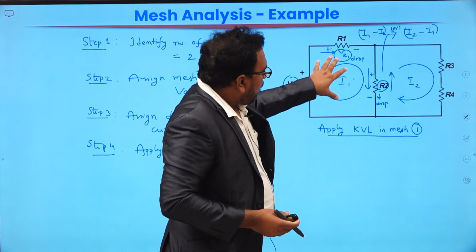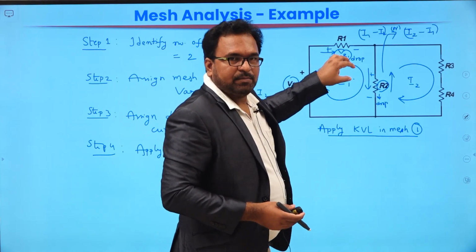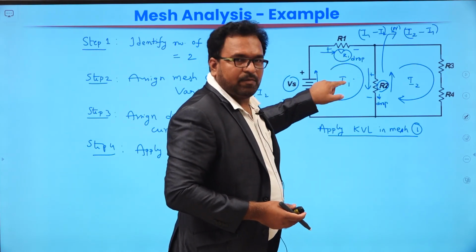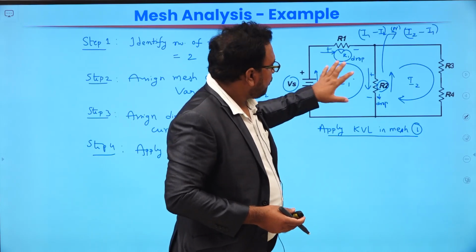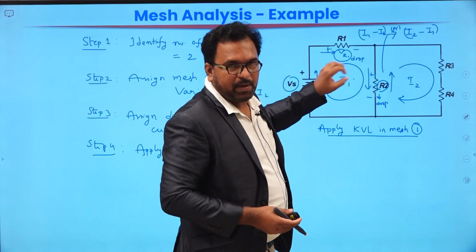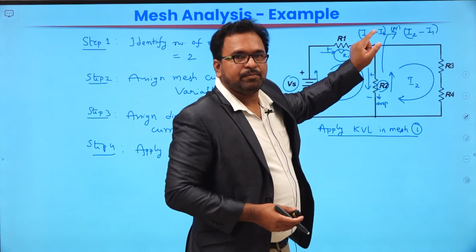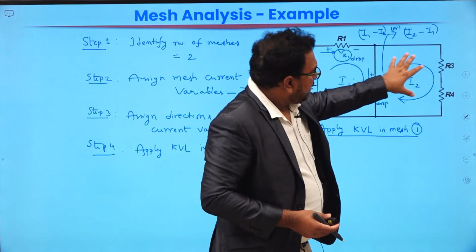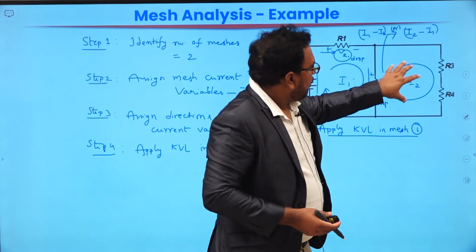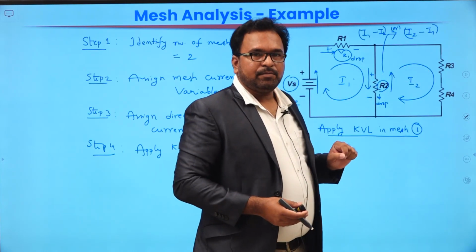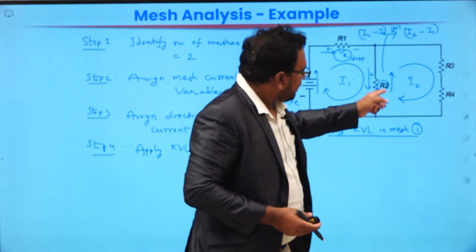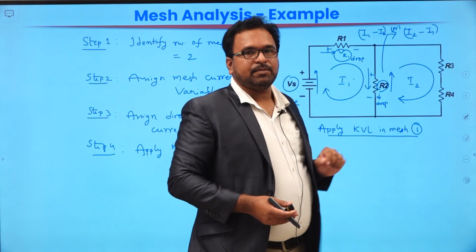When you apply KVL in mesh 1, the current through mesh 1 is I1, so you choose I1 as the dominant value. Then the resultant current is always I1 minus I2. When you apply KVL in mesh 2, you choose I2 as the dominant value, then the resultant current is I2 minus I1.